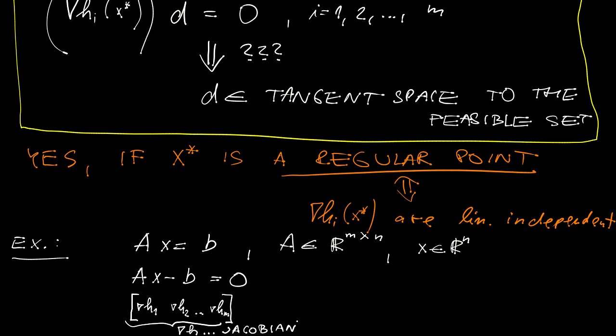And now this Jacobian matrix can be computed in our case as just A transposed.